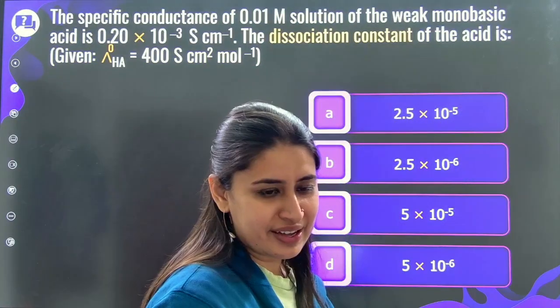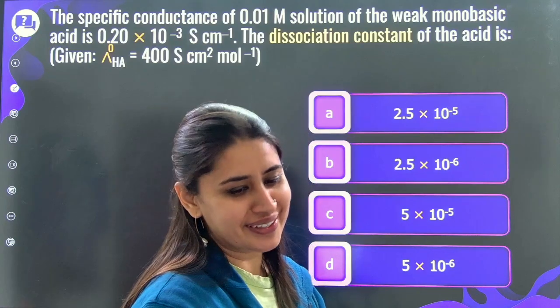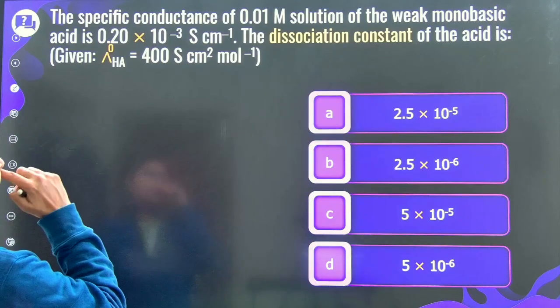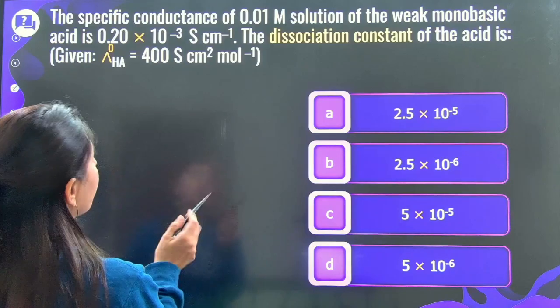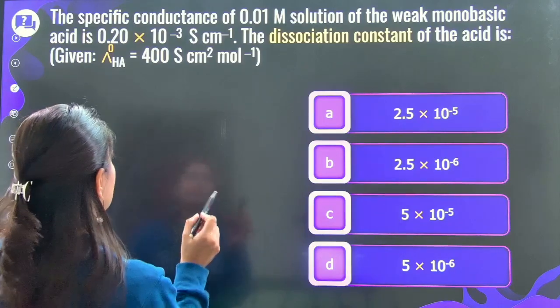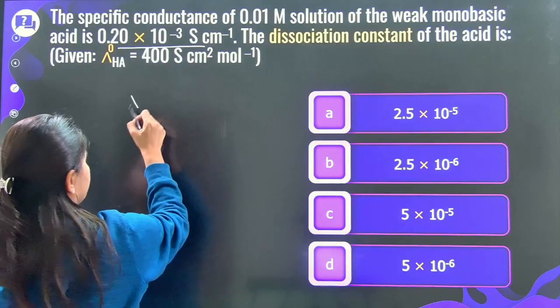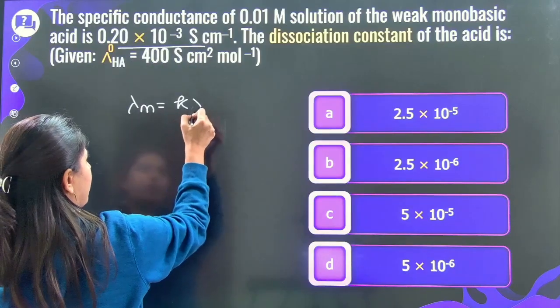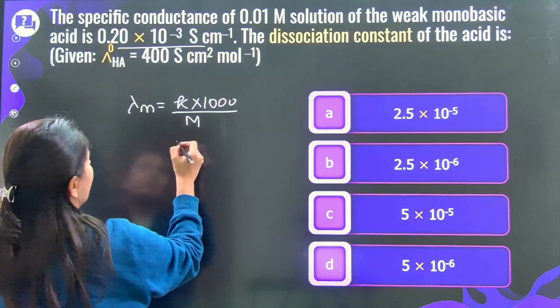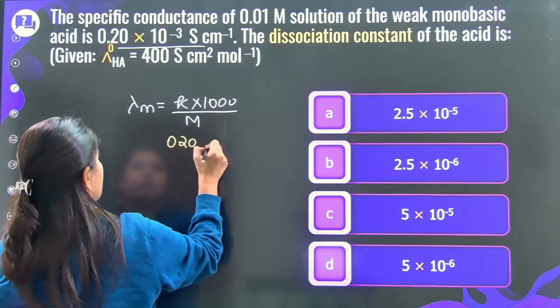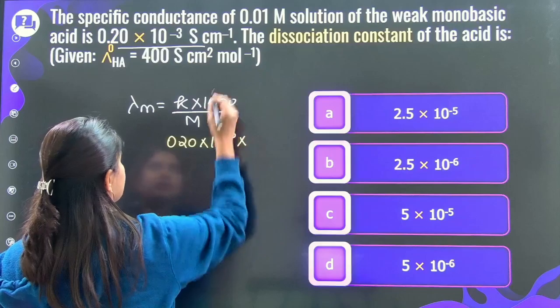There you go. 52% of you gave the right answer. Not a good score. So specific conductance is given to us for a 0.01 molar weak monobasic solution. So lambda m is going to be kappa into 1000 by M. Let's just substitute the value. So 0.2 into 10 to the power minus 3, it's in centimeter inverse.